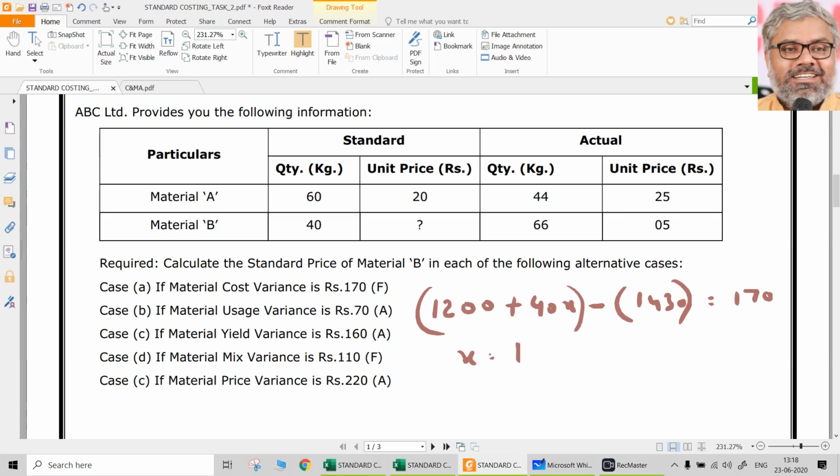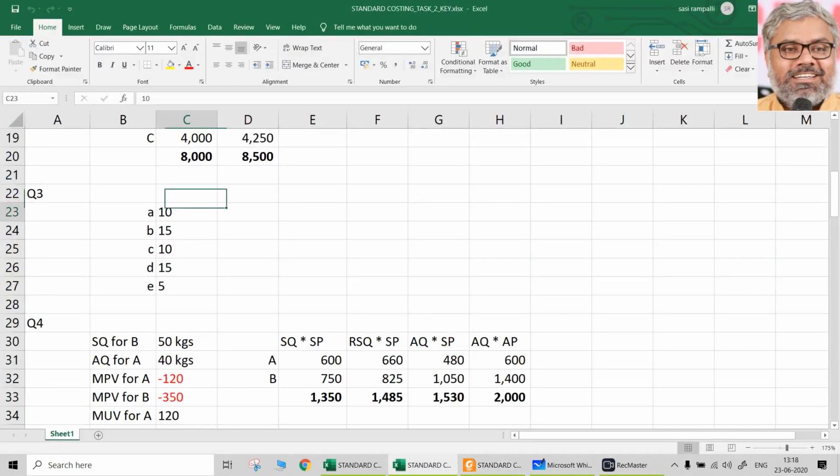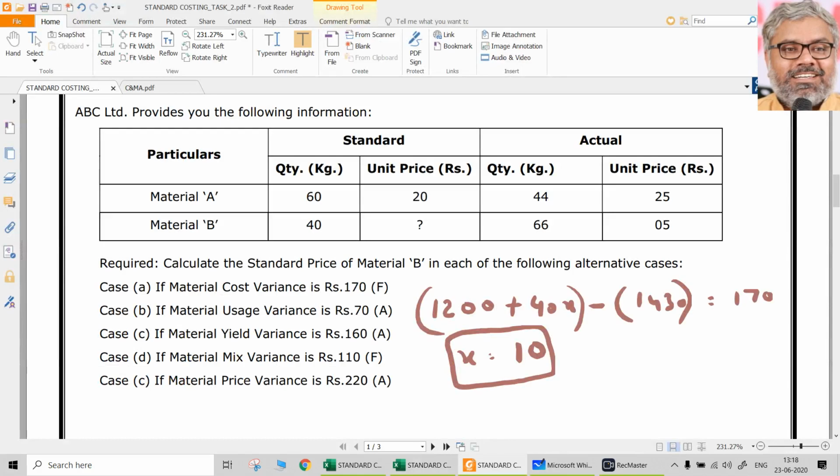Same way if you do for all others also, you can find out the standard price for material B. Only one missing figure here. So each case is a different case. So the same procedure if you follow, you will get 10, 15, 10, 15, 5 as the answer. In each of the cases, all that you need to do is definitely substitute in the formula.